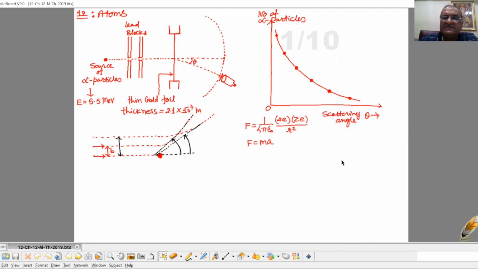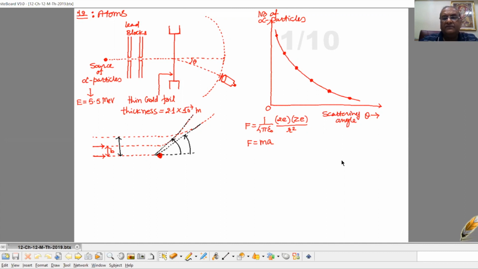Then he suggested this thing: if we perform the classical experiment in which we study the scattering of alpha particles from the atom, then we can study the atomic structure.